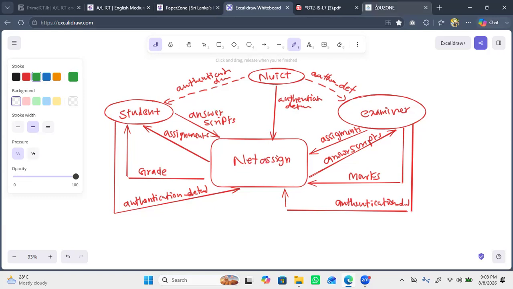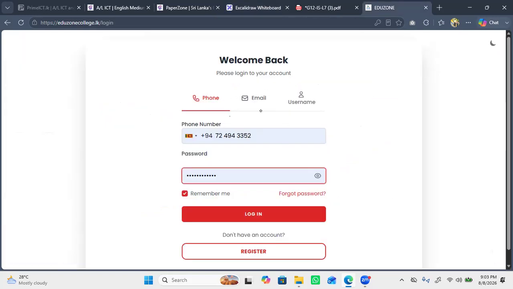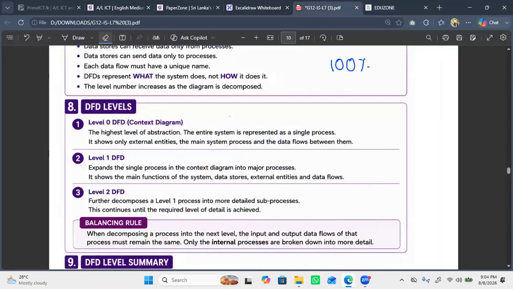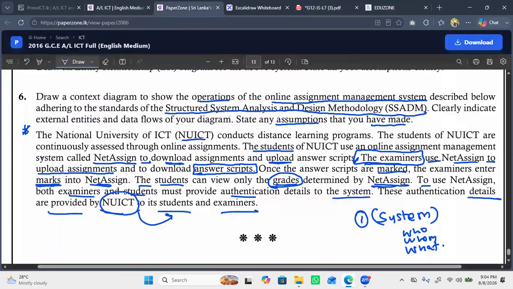If not, without entering a teacher's authentication details into my system, eduzonecollege.lk, if I randomly give my teachers a username and password, can they log into my system? They can't. As an admin, I should enter their username and password into the system first. Only then should I give them to the teachers, and only then can they use them to log in.